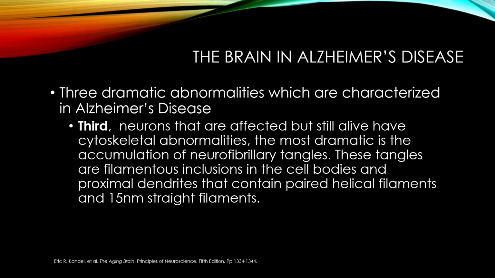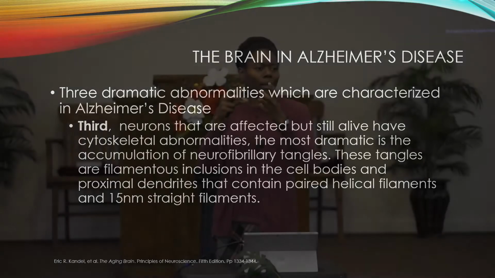And these tangles or filamentous inclusions in the cell body and proximal dendrites contain paired helical filaments and are about 15 nanometers, very tiny straight filaments. But you can imagine if a cell is supposed to be very, very flexible and you have these filaments that are forming in the cell, then it's not flexible anymore.